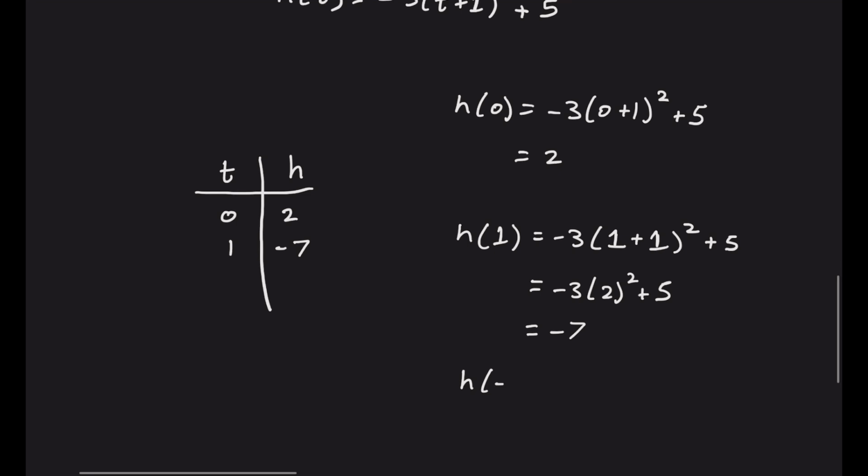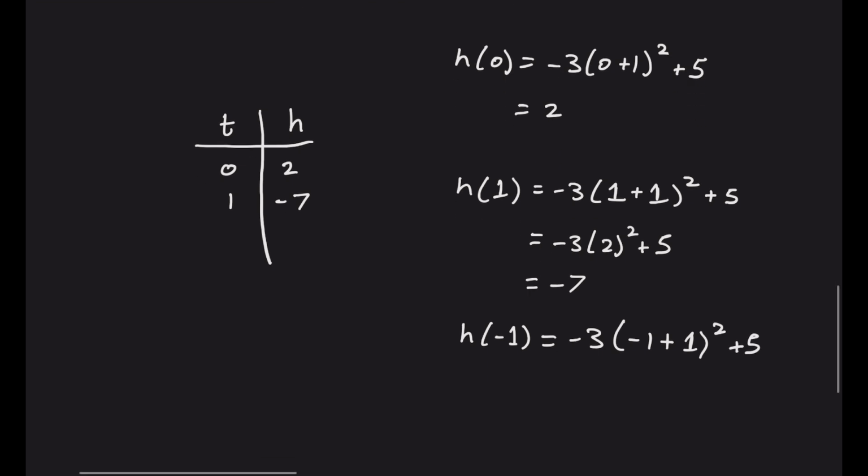h of negative 1, just to get a good range of numbers to see what the graph looks like. So every time I see a t, I'm putting negative 1, and then I'm writing the rest of the equation. This part is just 0, negative 1 plus 1, so it just leaves you with 5.